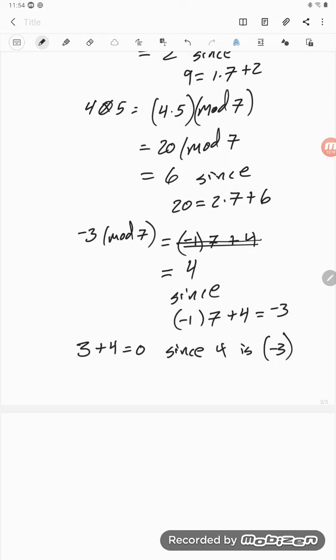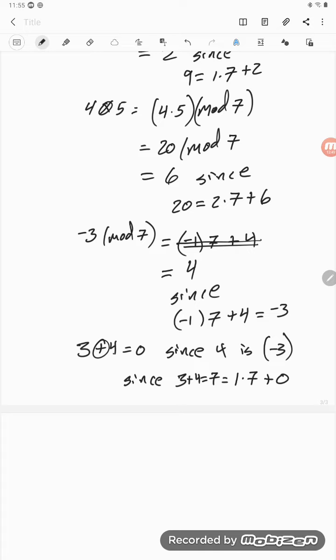And sure enough, 3 plus 4 mod 7 is 0 because 3 plus 4 equals 7, which equals 1 times 7 plus 0.